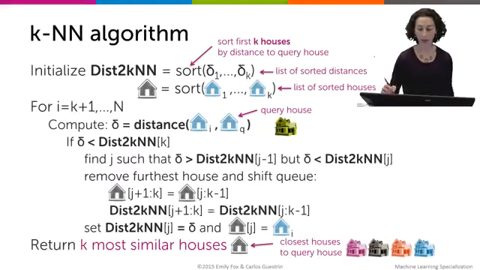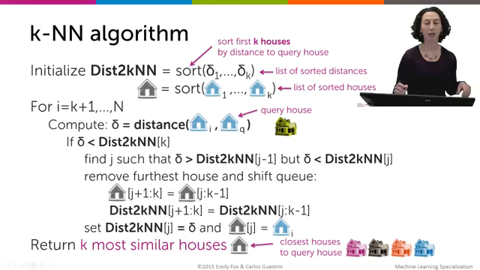For completeness, I've included what the k nearest neighbor algorithm looks like, where the one key insight here is to maintain a sorted queue of the k nearest neighbors as you're going through the different steps of your search. So let's just walk through this algorithm here.